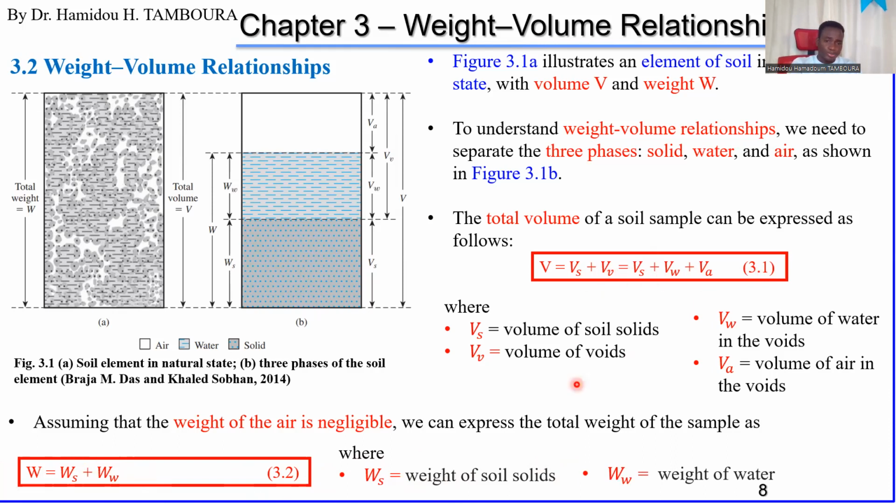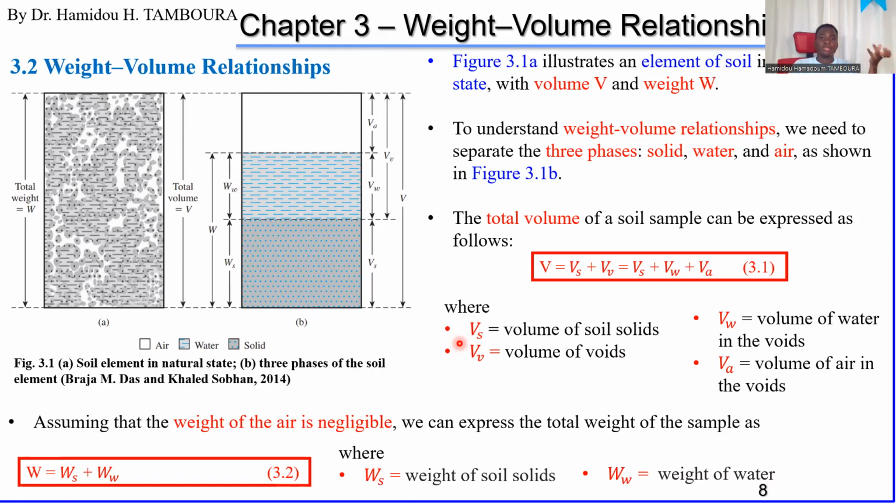So you need to understand this, really. Three phases: solid, liquid, gas. The liquid is just water, the gas is air. For the volume, we add the volumes of the three phases to get the total volume. For the mass, we just do weight of solid plus weight of water.